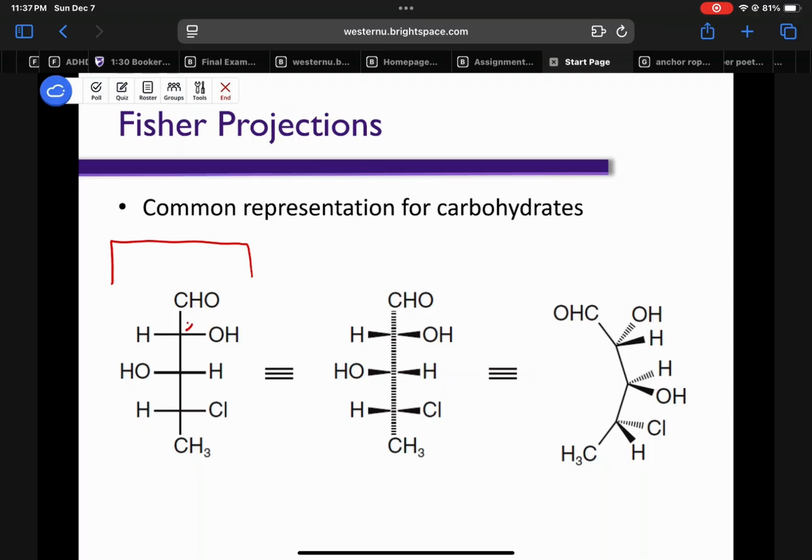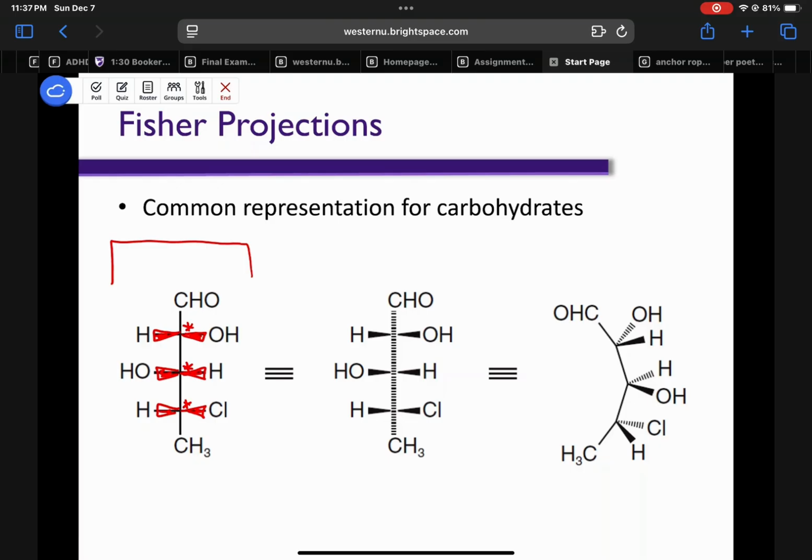Here, we actually have multiple stereocenters because we have multiple carbons that have unique substituents. So when we see this, draw in your book that those horizontal ones are actually wedges coming towards you, and the ups and the downs are going away from you.